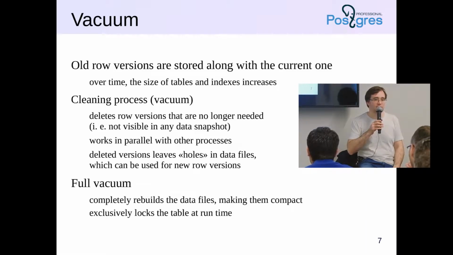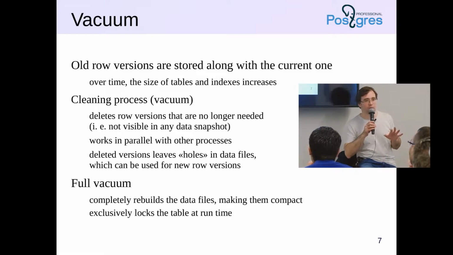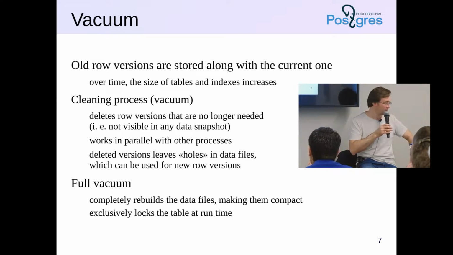And this is the job of the vacuum process. Vacuum finds row versions that are no longer needed, which are not present in any open snapshot, and it deletes these versions and frees up some space.